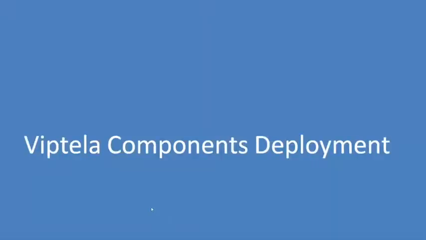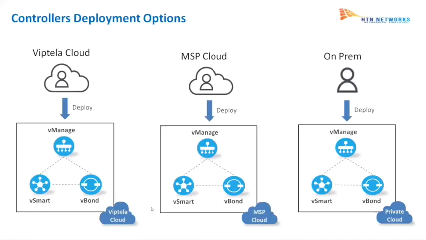Now, Viptela components deployment. There are different options for how you can deploy these controllers. One option is to get all your controllers in the Viptela cloud, which we have done. We ordered all the Viptela components in the Viptela cloud, and these are basically created by Cisco or Viptela, and we don't have to do anything.